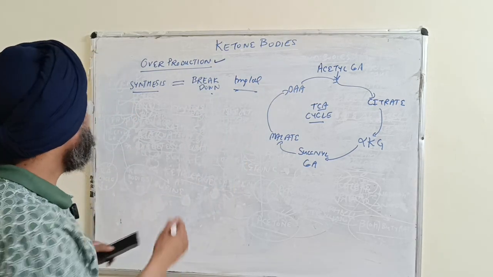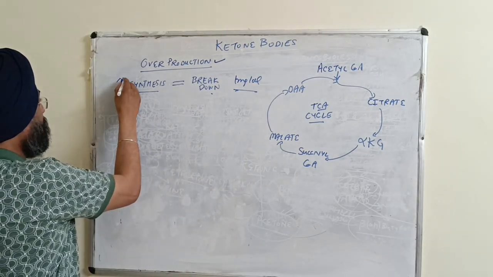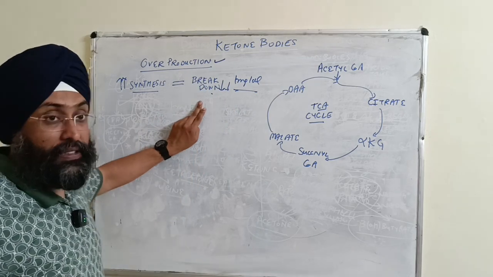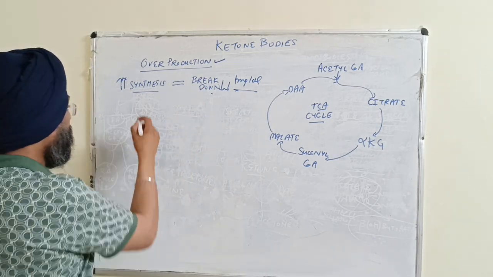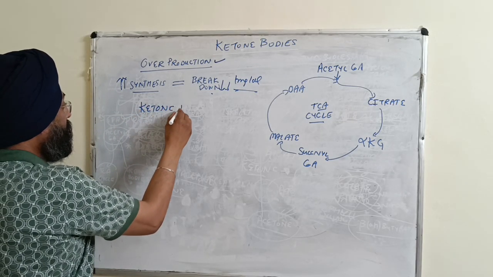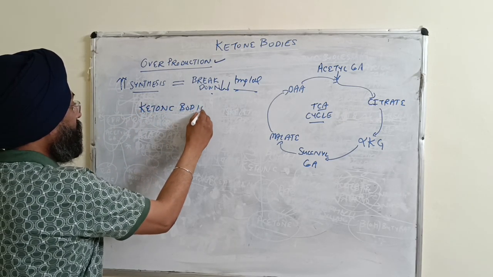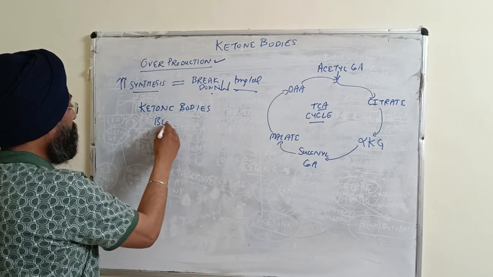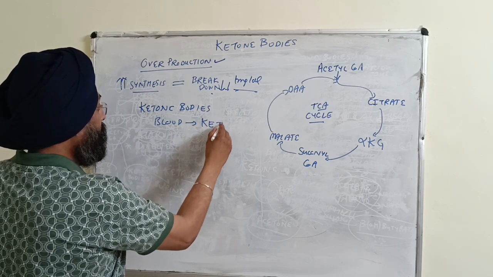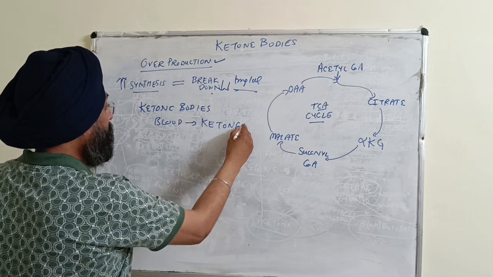But the problem comes when synthesis is highly increased and breakdown is decreased, right? So the ketone bodies level will increase, and when the levels increase in blood, it is known as ketonemia, right?